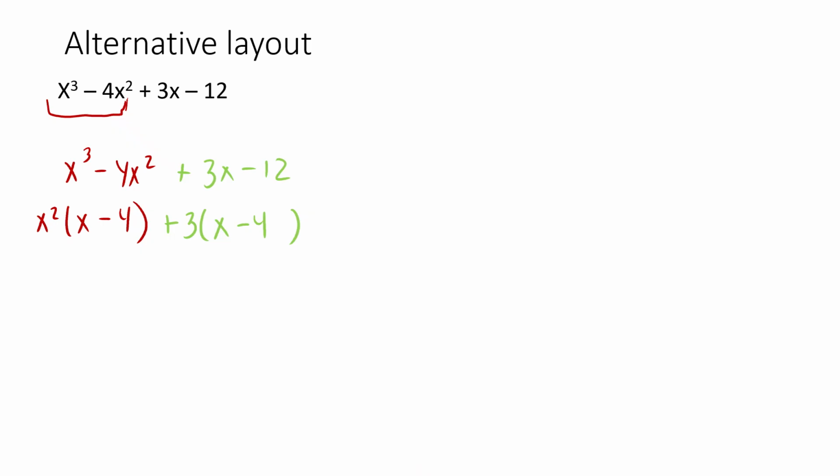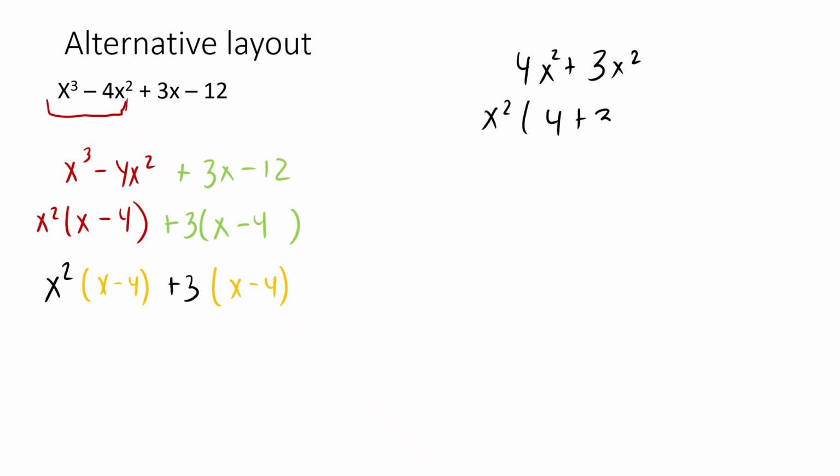Now I'm going to do another little rewrite on this. What we have now is a common factor of x minus 4. And what I'm doing is another colored step so you can see it. You can see that we have a common factor. Now, if you were to have, say, 4x squared plus 3x squared, and you were to take out the x squared, it would leave you with 4 plus 3, basically whatever was left.